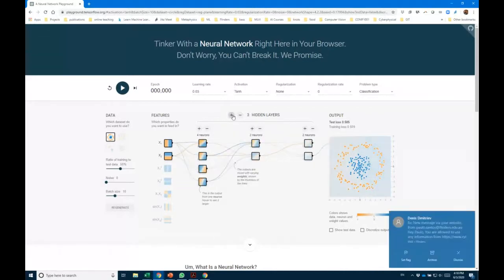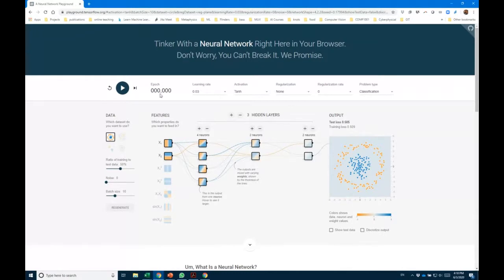You can add hidden layers and then just run, to see your neural network converging to a decision boundary. This is a non-linear decision boundary, right? This is a quadratic function that separates the blue examples, which are the examples from one set, from the orange examples, which are the examples of the second set.